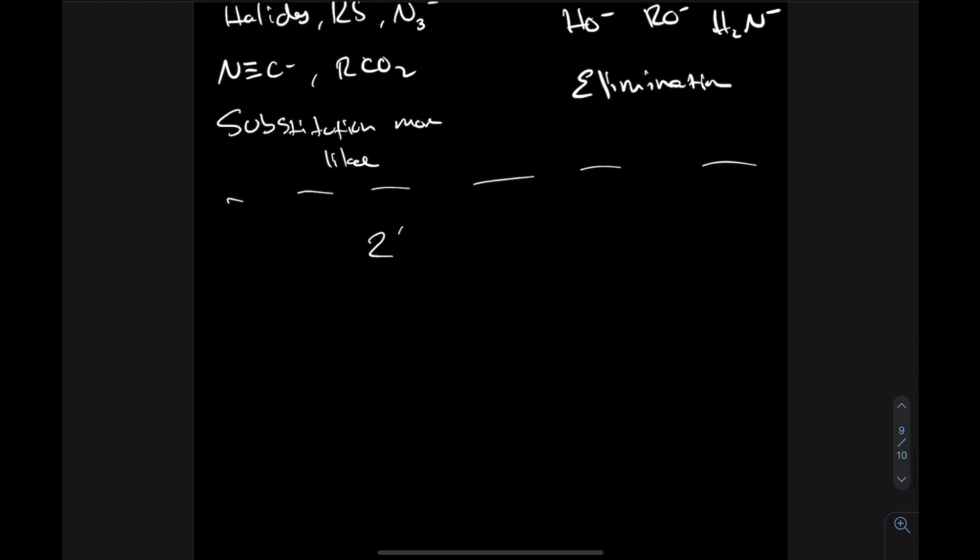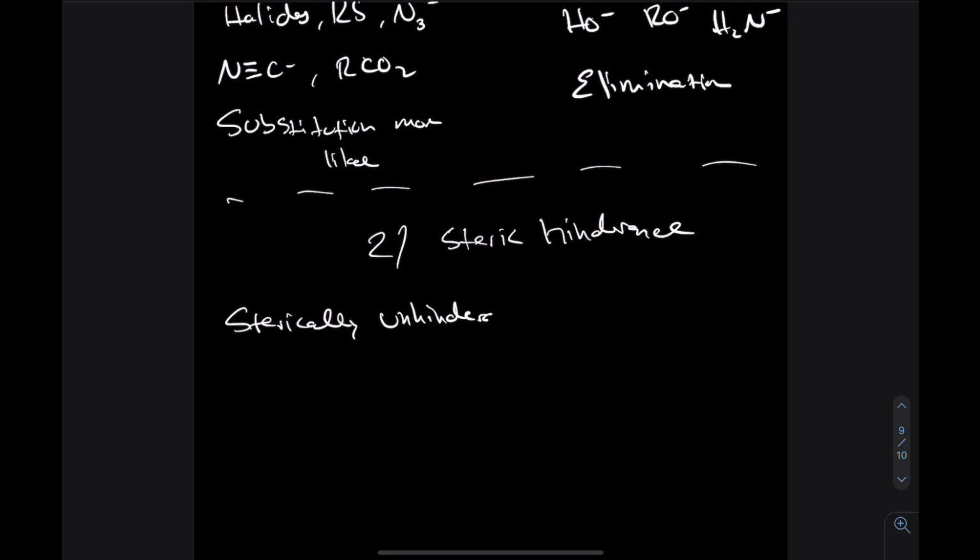Two is all about steric hindrance. All right, sterically unhindered things like the methyl, primary alkyl halides, you end up with preferentially substitution.